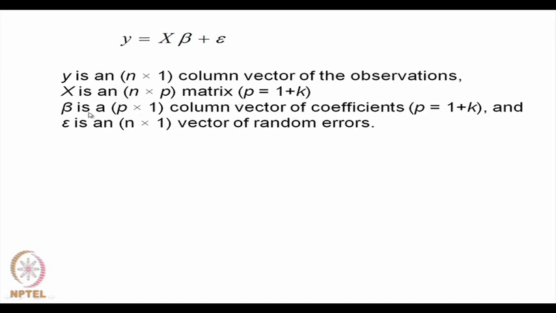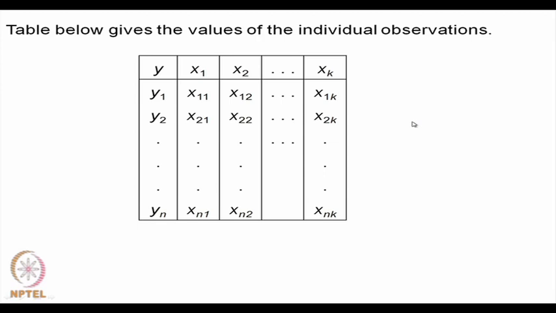Beta is a column vector of coefficients with dimension p by 1, where p is equal to 1 plus k, and epsilon is a vector of random errors. This will be clear from this table. These are the variables, y the dependent variable and x 1, x 2, x k are the independent variables.